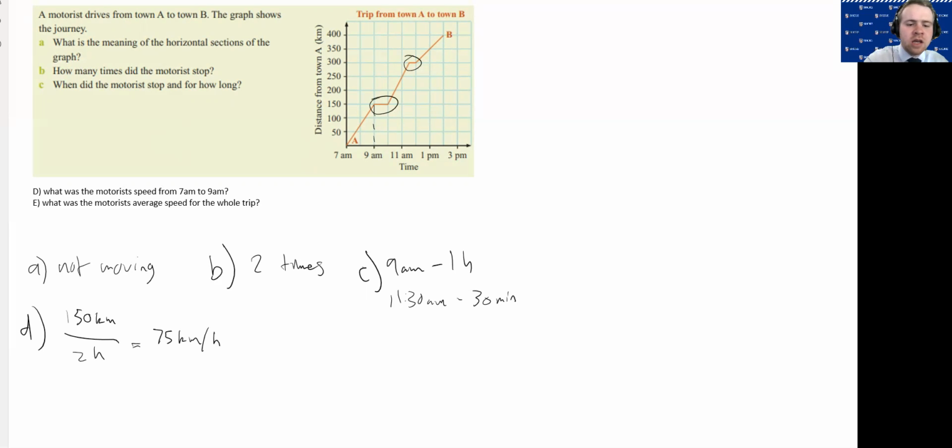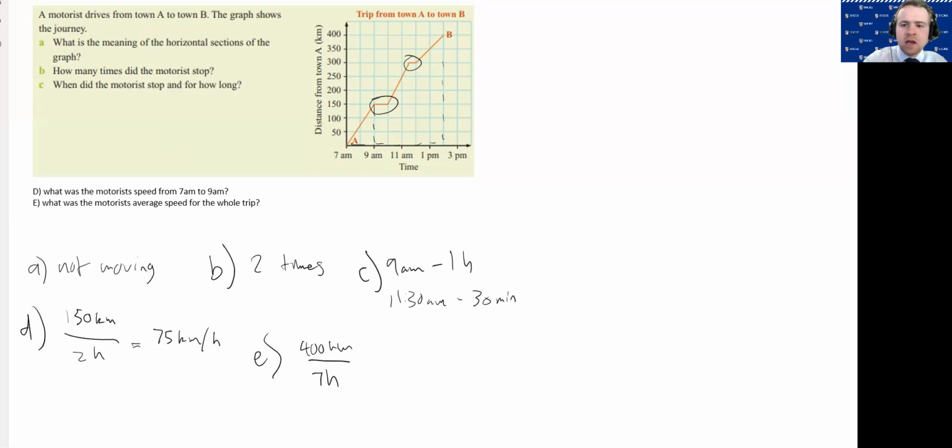For question E, what was the motorist's average speed? To do the average speed, we've got to work out the total time and the total distance of the trip. The total distance was 400 kilometers. And then the total time was from 7 a.m. to 2, which is 5 plus 2, sorry, which is 7 hours in total.